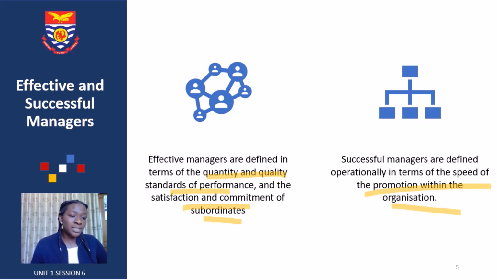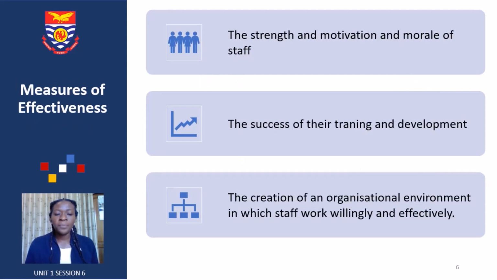Before you realize, this person has moved from sales on the floor, going from one shop to the other, to being a sales agent, or how do you call it, an R&M. And before you realize, this person is the head of marketing, and then going up to MD. With successful managers, operationally, you're looking at the speed of promotion within the organization. So this is one major difference between the two terminologies as well.